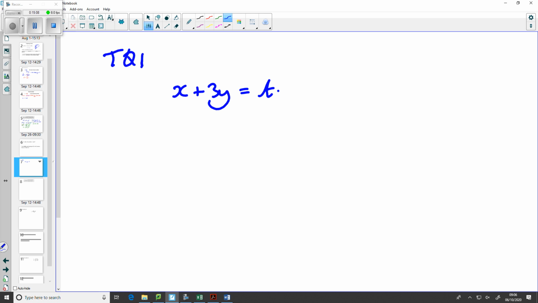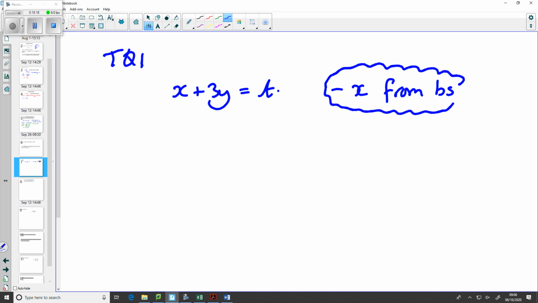So therefore, we're going to subtract x on both sides. That's the operation we're going to do. So doing that would mean we had x plus 3y minus x on one side, and on the other side t minus x, because what we do to one side we must do with the other to keep that balance.